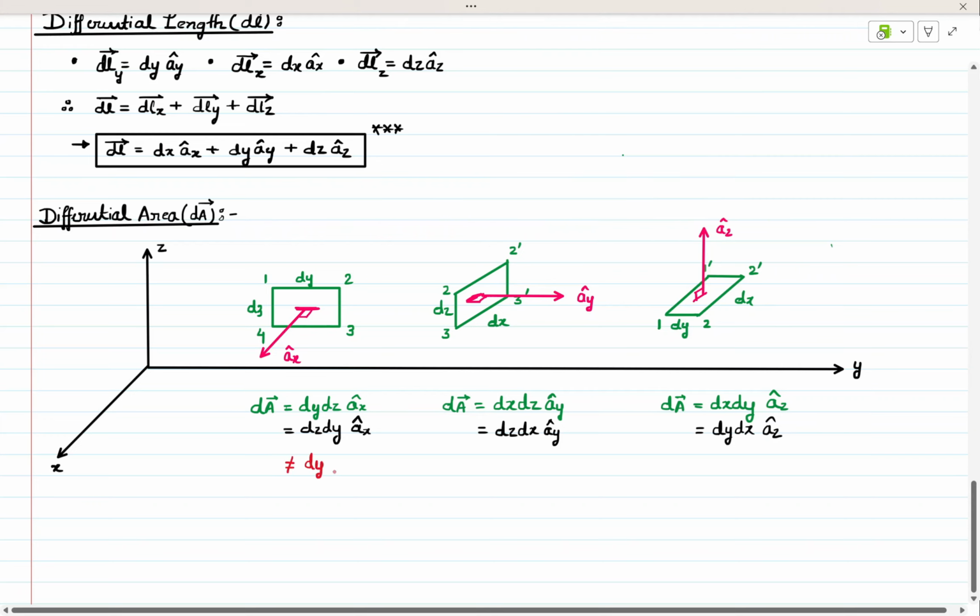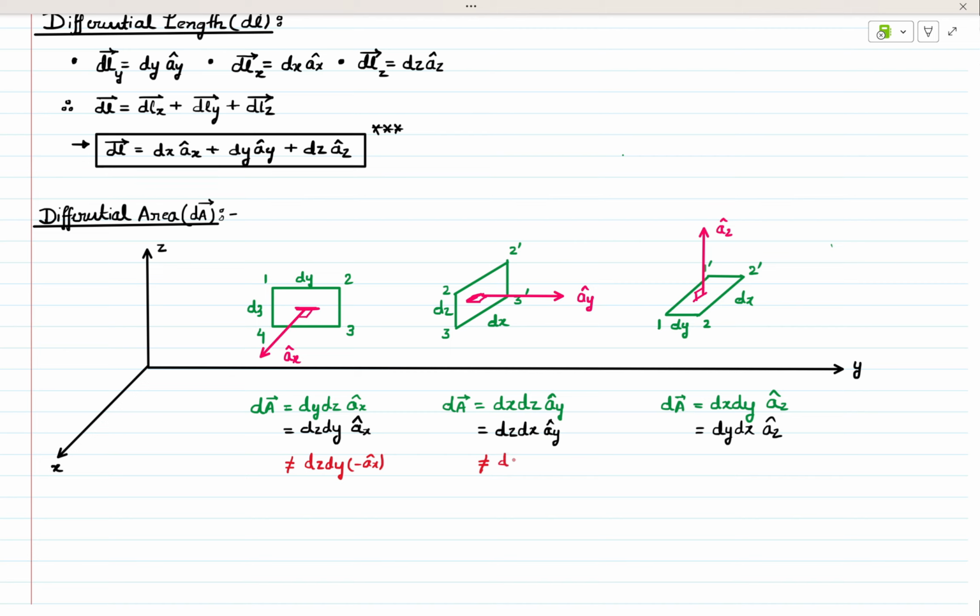Some people think that if dy dz is in the direction of x, then dz dy is in the direction of minus ax. No, not like that. Similarly, dz dx is not in the direction of minus ay. No, not like that.